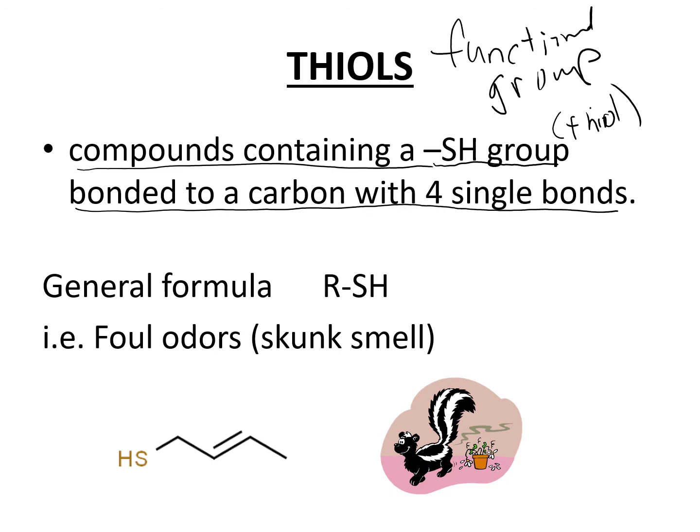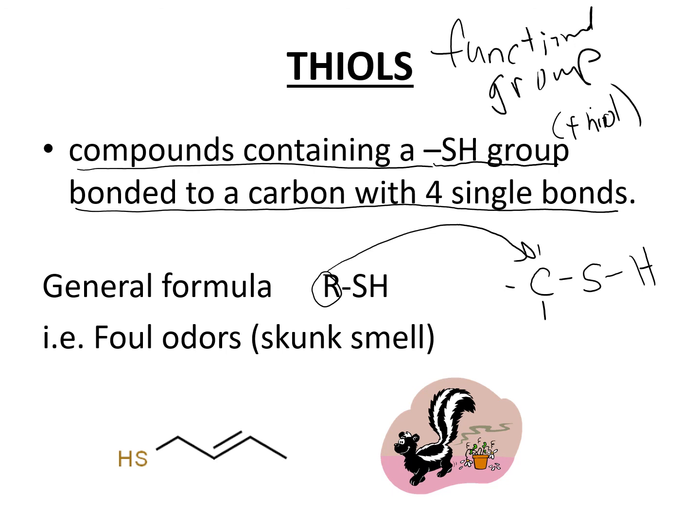So it's similar to our alcohols, where we had the OH bonded to a carbon with all single bonds. This would be a sulfur attached to a hydrogen, which is attached to a carbon that has all single bonds. So the general formula here, we have R, that would represent carbon, and then we could have multiple other carbons or other elements attached to that carbon.